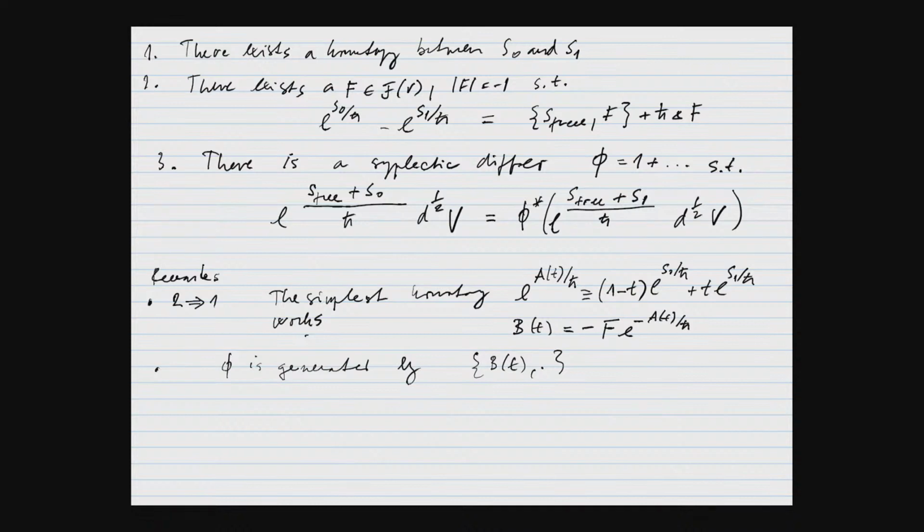And of course, the diffeomorphism here is generated by the Hamiltonian vector field corresponding to B. You remember, B was the one which would govern the time evolution of the homotopy between S0 and S1.